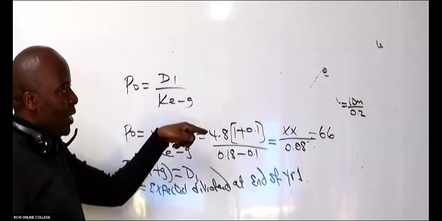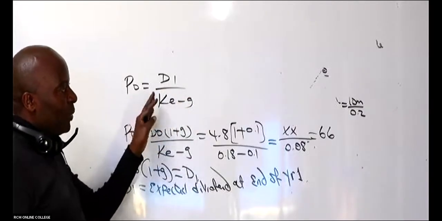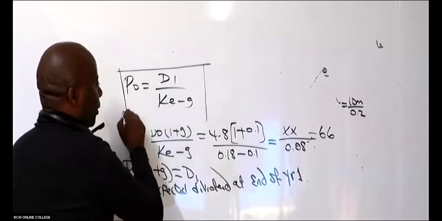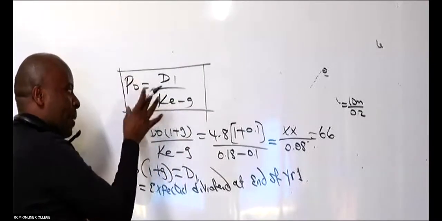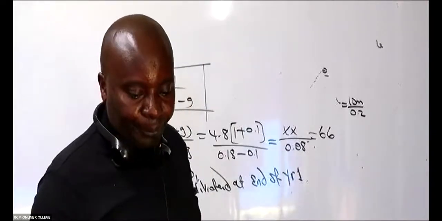So end of year dividend divided by Ke minus g, like that. And if you don't mind, you can write this and put it in a box, or you can even highlight this. I'll come back to this. This is really important.